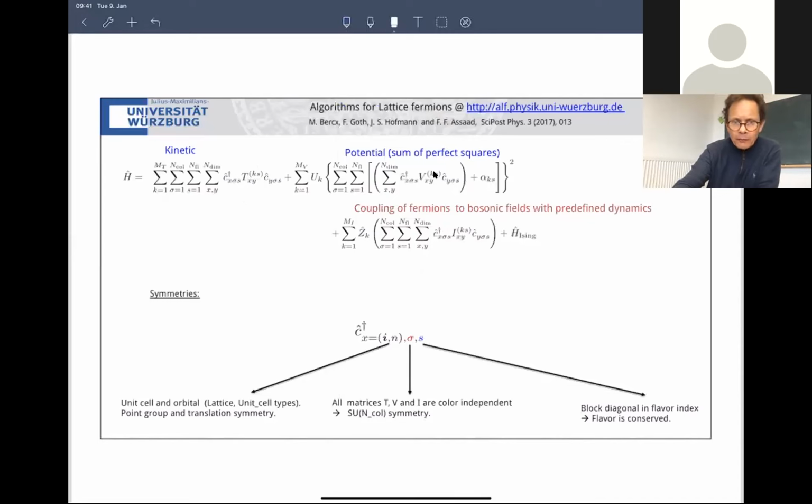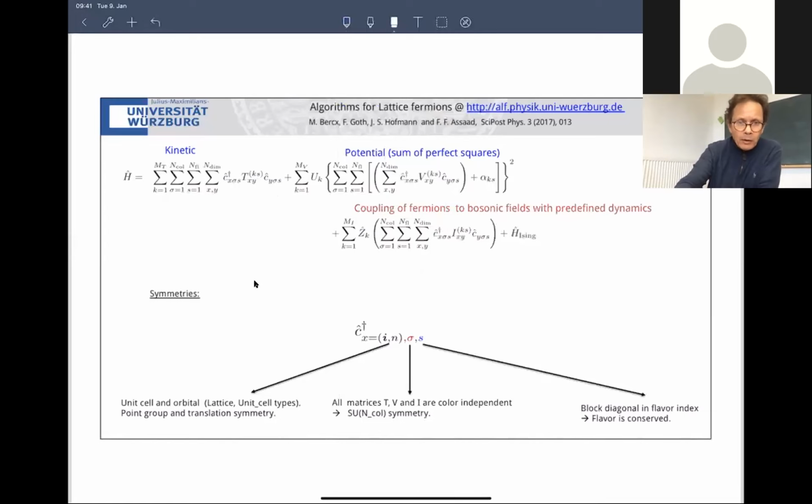This is only a function of s, not of s and s prime, for example, which means that our system is block diagonal in the spin. So for example, if you take a Hubbard model in a magnetic field in the z direction, the spin would become a flavor index because the hopping, for example, to account for the Ising term, will be block diagonal in s, right? So these are the symmetries we have.